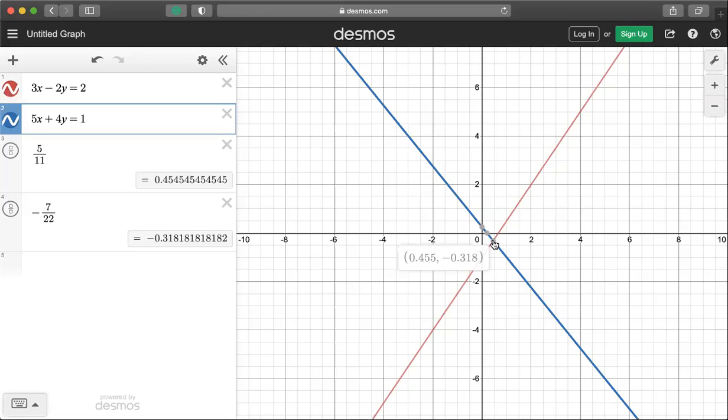So again, it depends on what your homework asks. If they ask you for a rounded number, then just graphing it is fine. But if they want an exact number, it would be this fraction, 5 over 11 or negative 7 over 22, not rounding. So I wouldn't think graphing would be a good way to solve this problem if you're looking for exact numbers. Okay, let's go back.